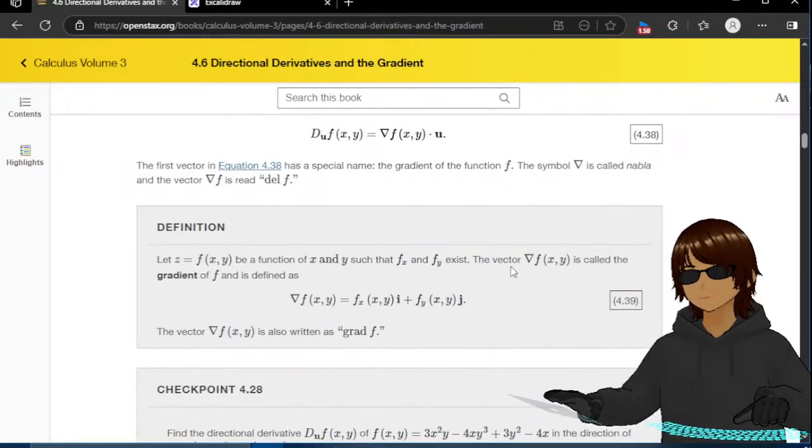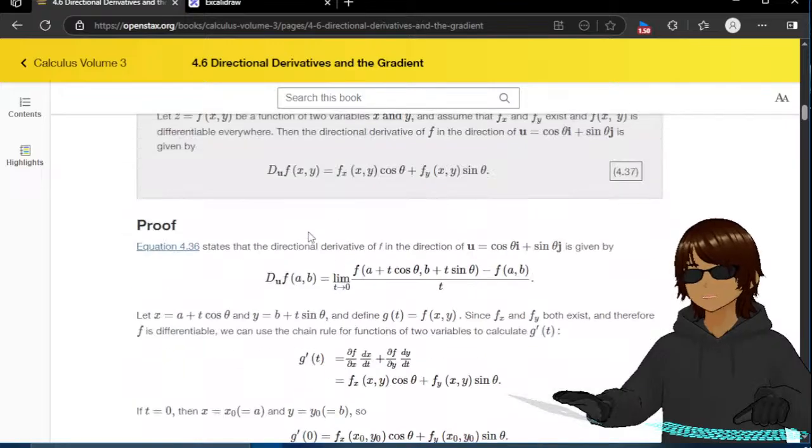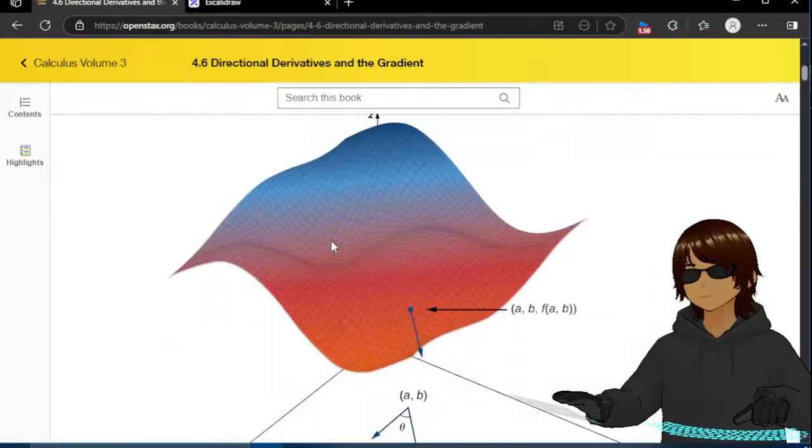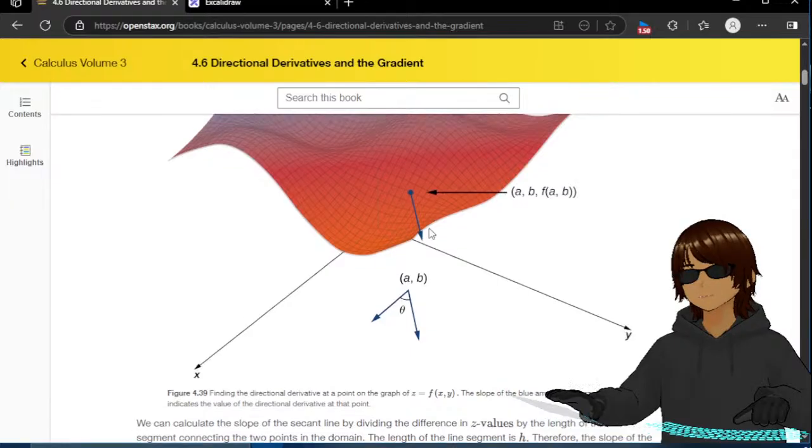The vector is called the gradient of f and is defined like this. The vector is also written as grad f. From my understanding, grad f is different because we aren't choosing the direction.